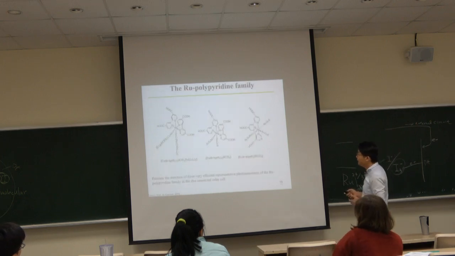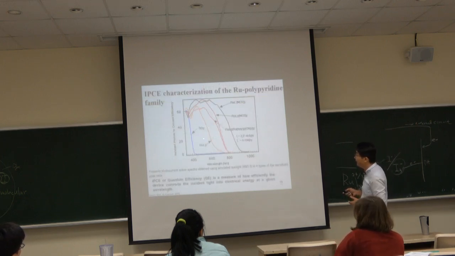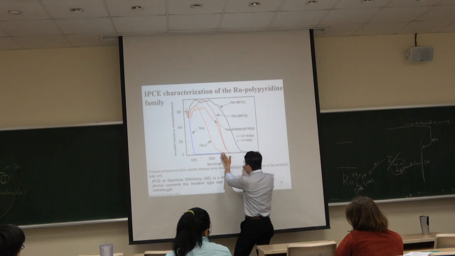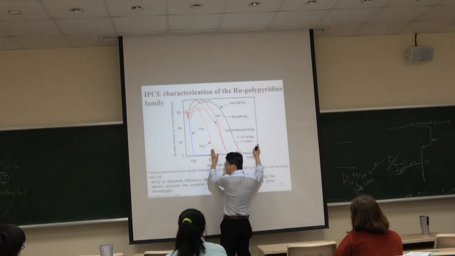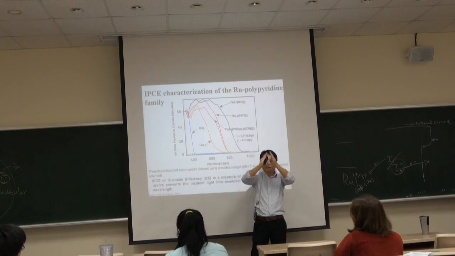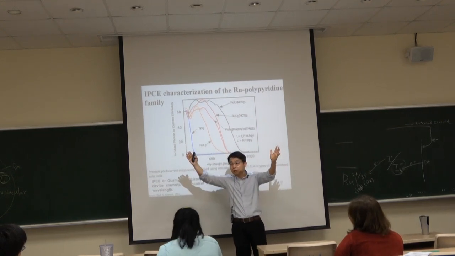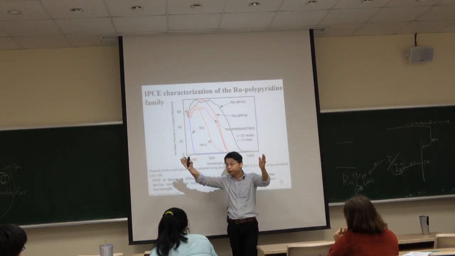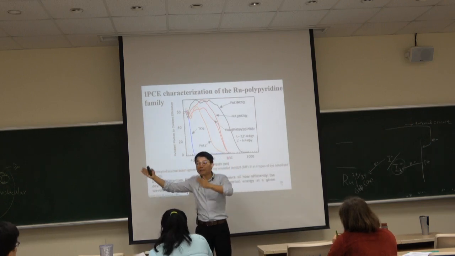So as you can see, different ruthenium dyes have different absorption edges. We want this absorption edge to be as long as possible, so that you can cover the whole visible range of the solar spectrum. That's better.